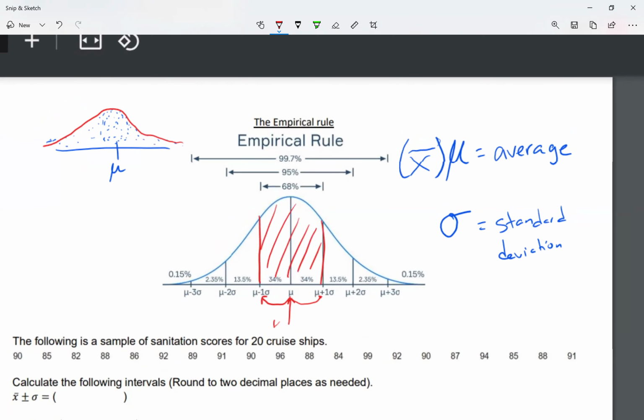The empirical rule says about 68% of our data is going to be within that range. It's going to be pretty close to our mean. You can go as far left as average minus one standard deviation, and as far right as average plus one standard deviation. 68% of our data is going to be there. That's why you see 34% and 34%. Each of those sections was cut in half.